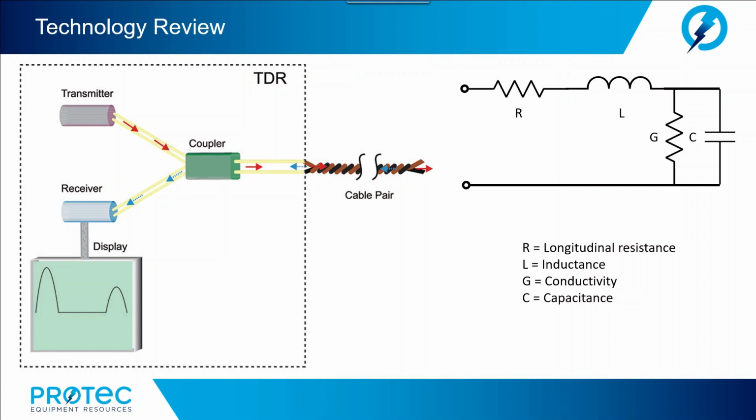Depending on the nature of the impedance change, either all of the transmitted pulse or a part of the transmitted pulse will reflect back to the time domain reflectometer, as we see in this illustration.